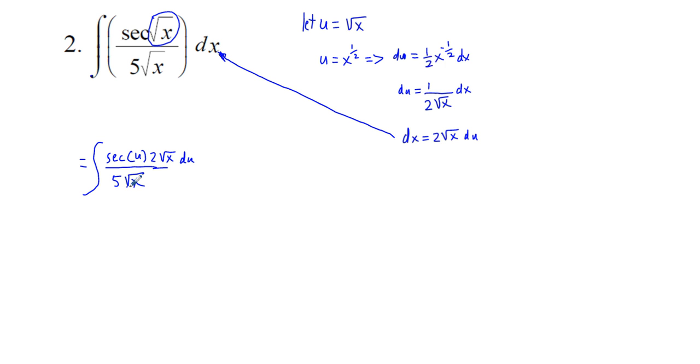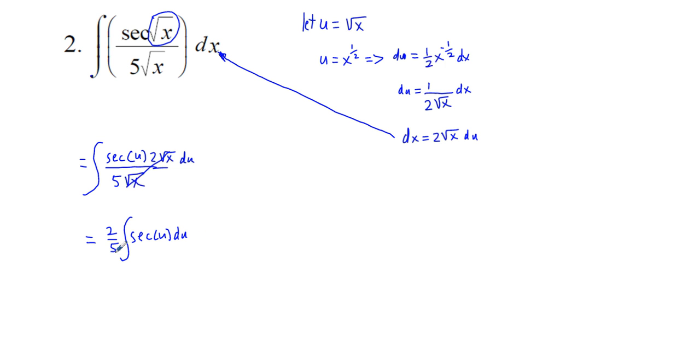Okay, we should be able to see that we have a cancellation of square root of x divided by square root of x. And continuing below, we're going to bring out this now 2/5, because we have the 2 here in this numerator and the 5 down here in the denominator. And we have secant u du.